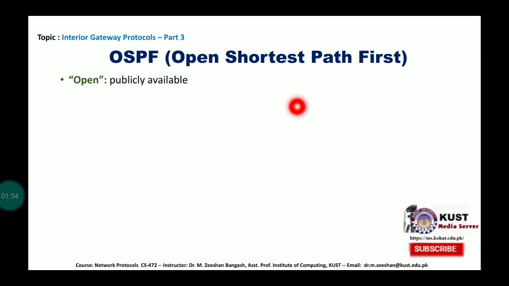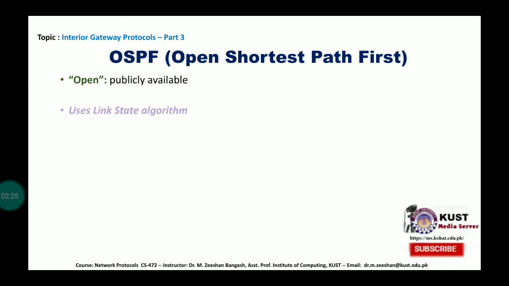We will be discussing in the upcoming slides what advantages this protocol has over the previously discussed RIP protocol, which is also an inter-autonomous system routing protocol. There were some shortcomings we discussed in the previous session in the Routing Information Protocol. So this OSPF protocol is introduced.